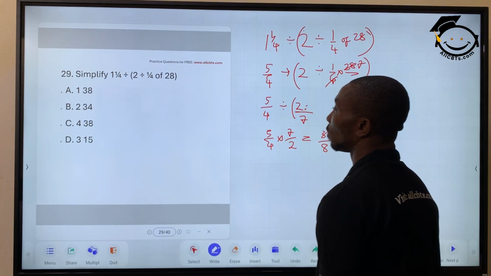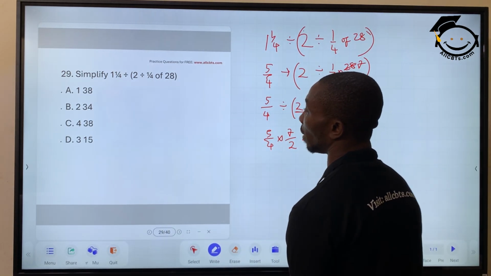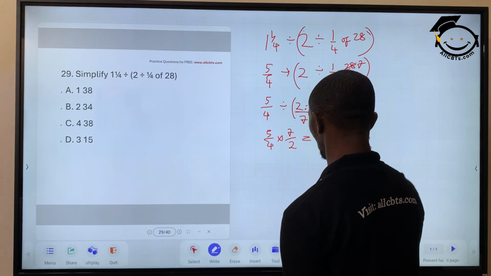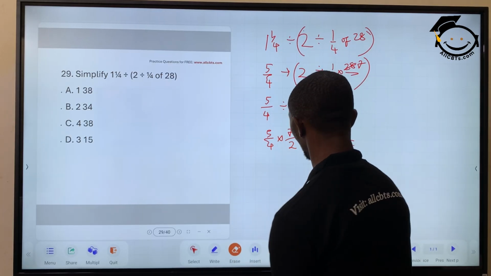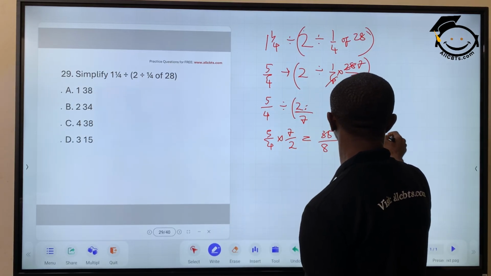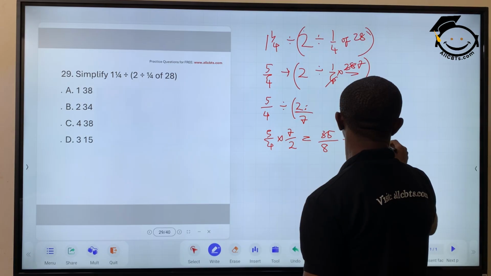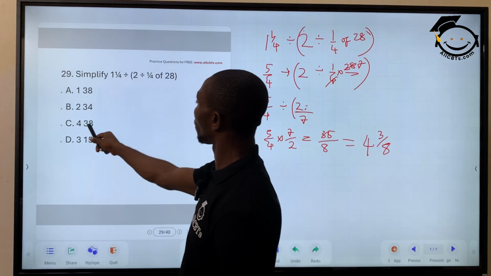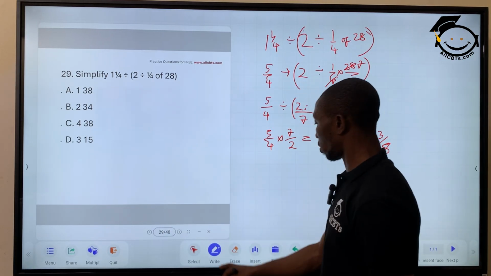And 35 over 8 will give us 4 whole number, 4 times 8 is 32, that will be 4 whole number 3 over 8.